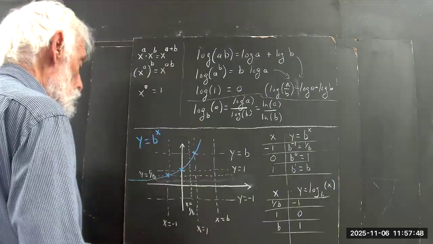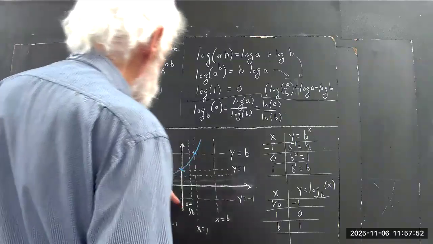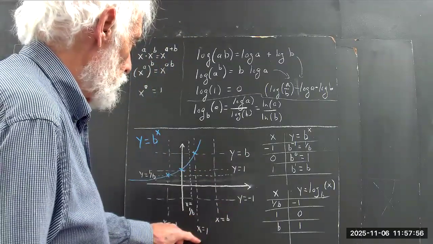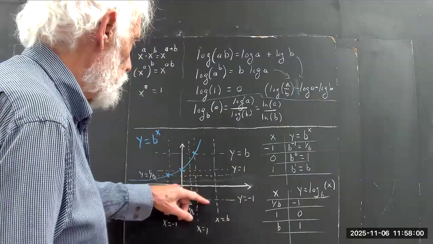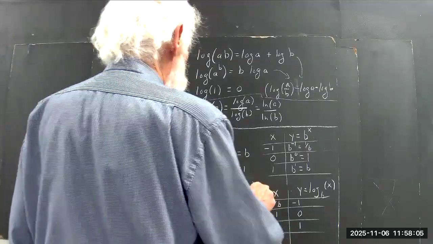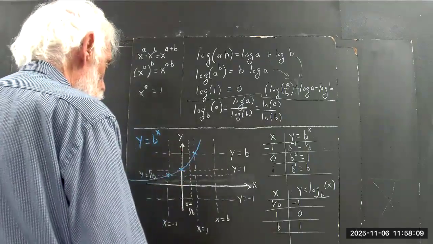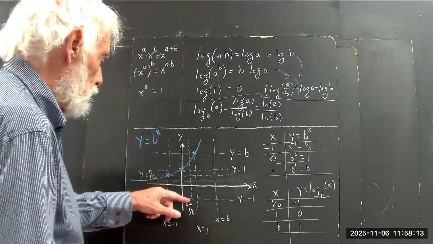So we can locate the coordinates of the inverse function. If we have these lines for x, and these three lines for y, and of course this is the x-axis, which is the y equals 0 line, and this is the y-axis. So for 1 over b, -1, the x coordinate is 1 over b.